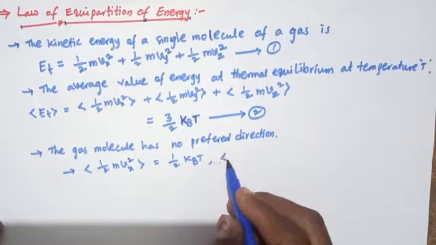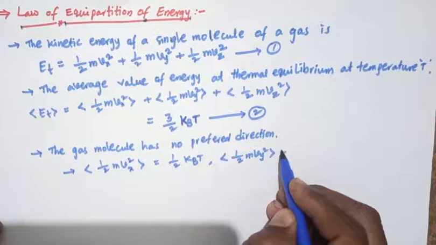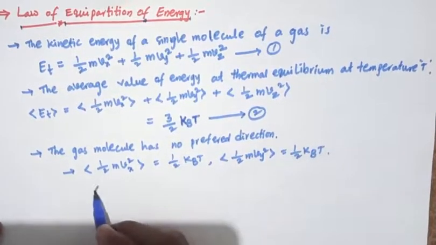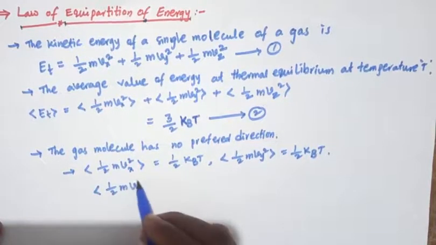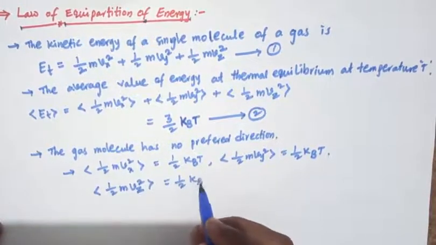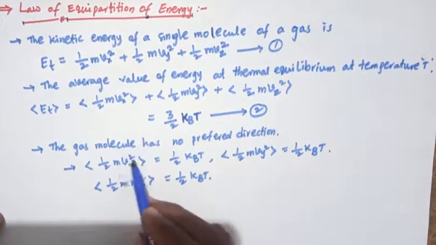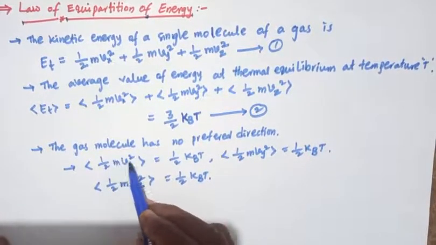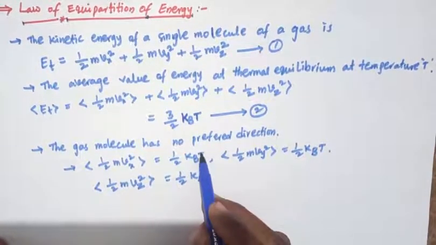Along the y direction, half m vy square equals half kBT, and again along the z direction, half m vz square equals half kBT. So the average kinetic energy of the gas molecule is 3/2 kBT.